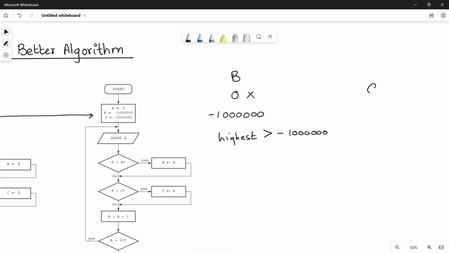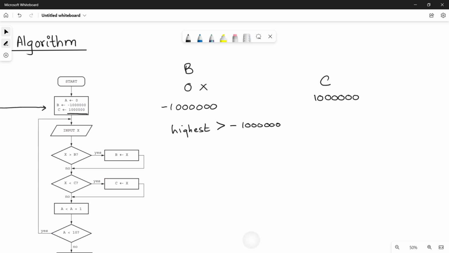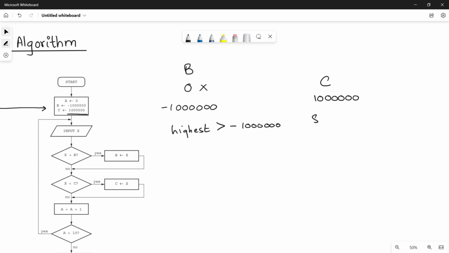Same goes for variable c. Variable c was initialized with 1,000,000. So if the smallest value of your test data is smaller than this number, 1,000,000, then you can easily identify your smallest value of test data.